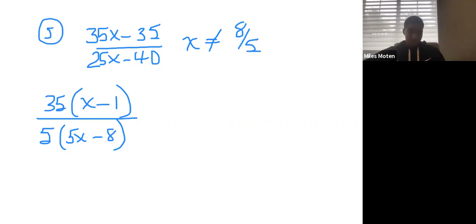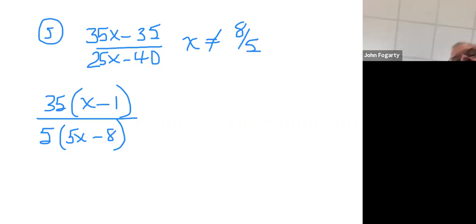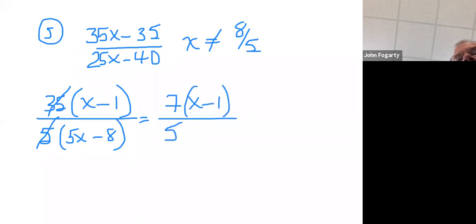Can you divide the 35 by the 5? You can simplify this here. 7 times x minus 1 over 5x minus 8. Agreed? All righty. All right, let's look at number 6.